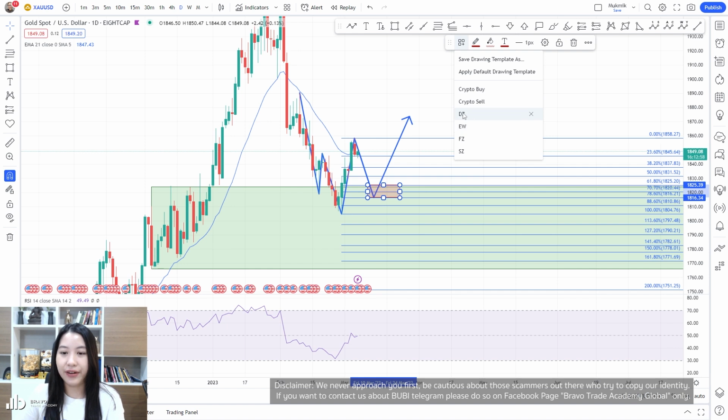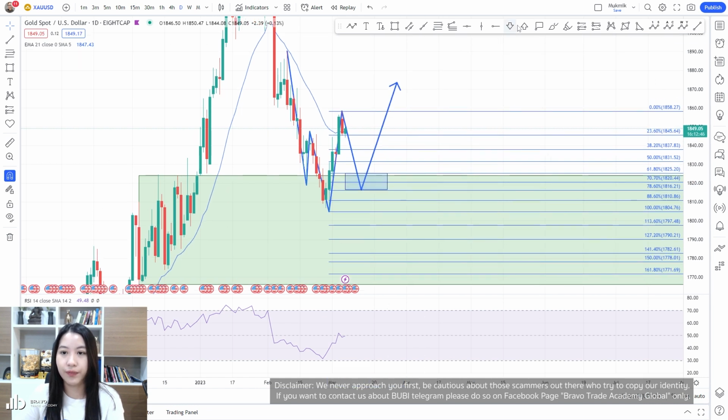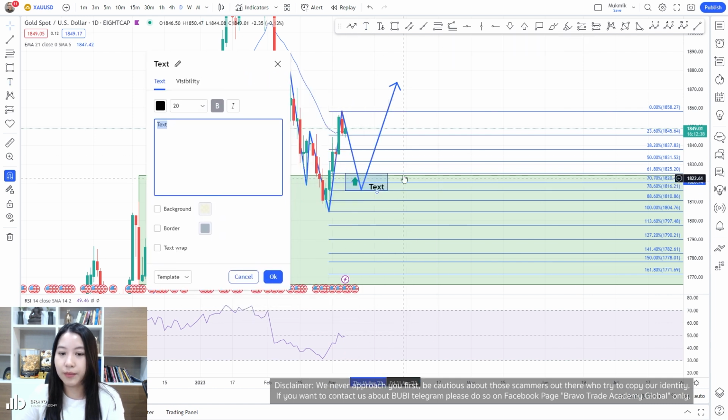Although we have the pattern here, it is a very large time frame, so you may need to manage your risks pretty well at this one because it's a very large plan. Alright, so what's the price between these?